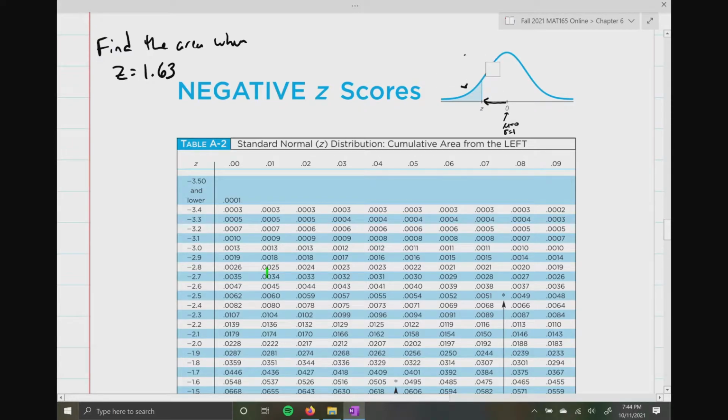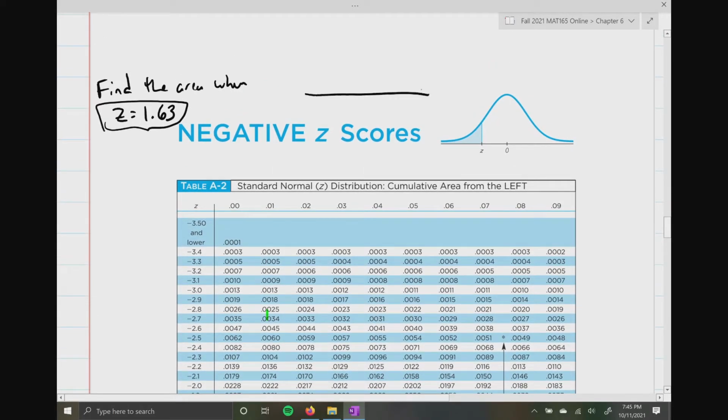Now, if you're thinking about this correctly, notice z is positive, which means it's on the other side of 0. So if I were to draw this, where we know 0 is down the middle, that's what makes this a standard normal curve. Since z is 1.63, that's going to be on the right-hand side of 0.